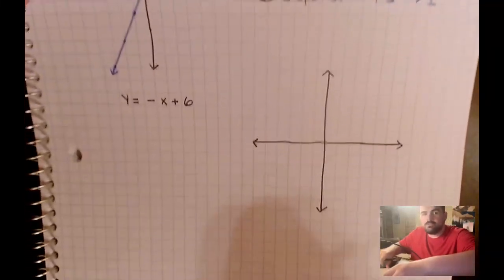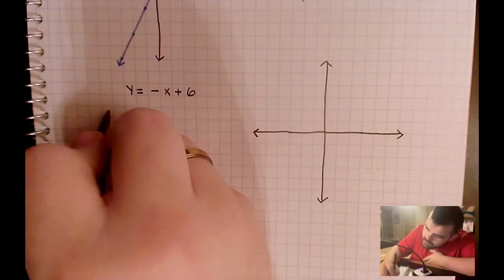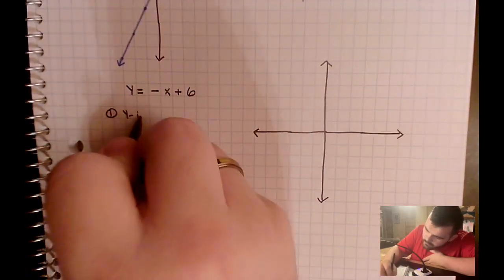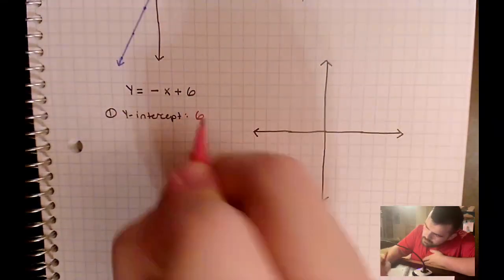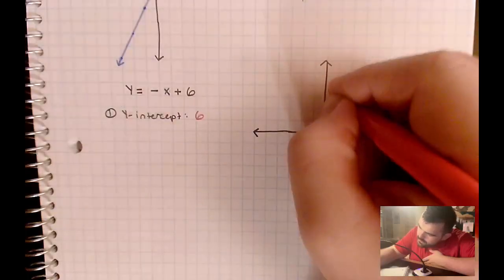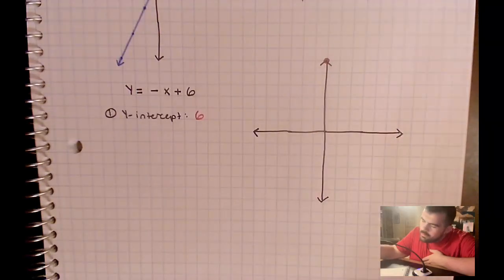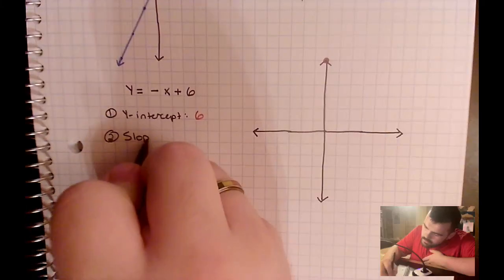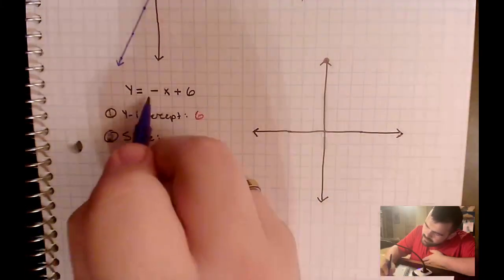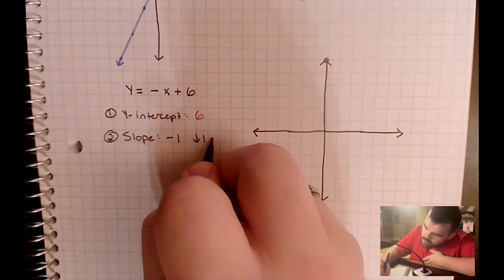So let me go ahead and pause this and pop up a new equation to graph. Okay, for our next one, take a moment and try to graph y equals negative x plus 6. Okay, so first step is the y-intercept, which is just 6. So count up 1, 2, 3, 4, 5, 6. And then second step is to use that slope of, well, that negative without a number there is just negative 1, which tells us to go down 1 and right 1.